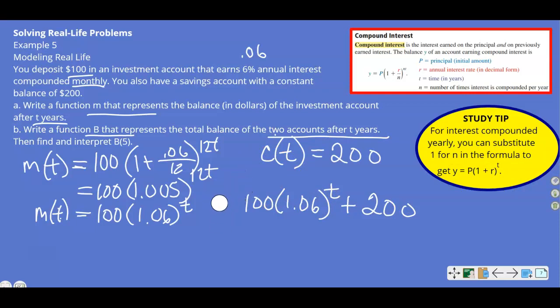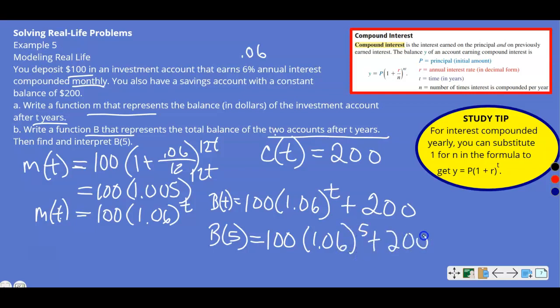Running out of space here. Let's try that again. All right, so that's b of t. And now we want to find b of 5. So all we have to do is plug 5 in and evaluate.